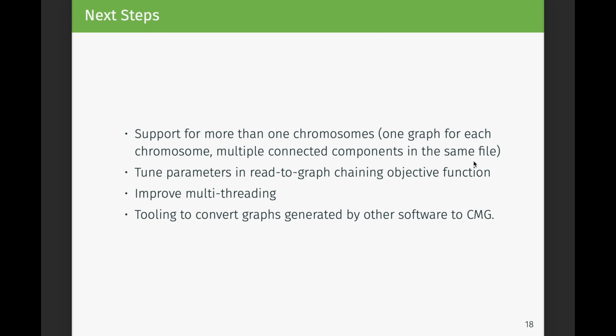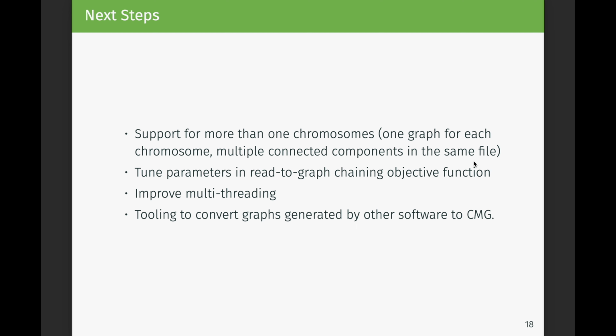For the next step, we are hopefully going to add support for generating graphs for more than one chromosome. It is one of the limitations of the software right now that you have to create one separate file for each chromosome. But ideally, we want to be able to have a large reference file for the entire human genome and create one graph for each chromosome, but have those graphs stored in the same file as connected components.